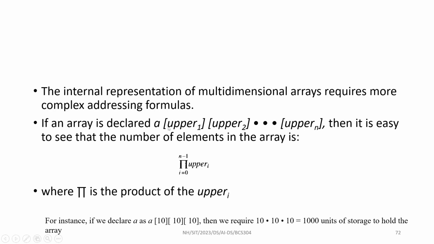If A is an array with upper bounds upper 1, upper 2, up to upper n, the number of elements will be the product of all of them. If the dimensions are 10, 10 and 10, the total elements will be 100 into 10, that is 1000 elements.